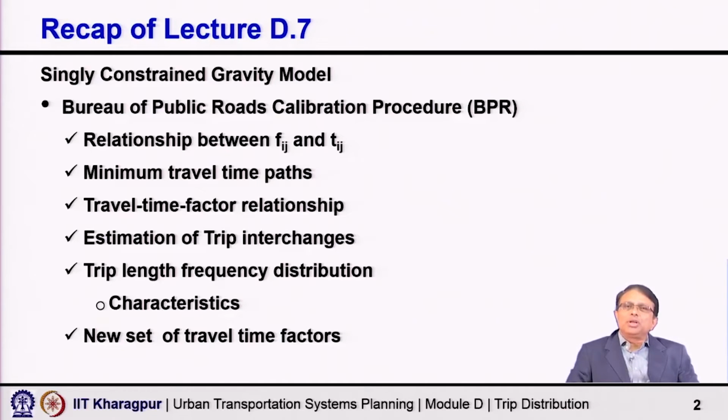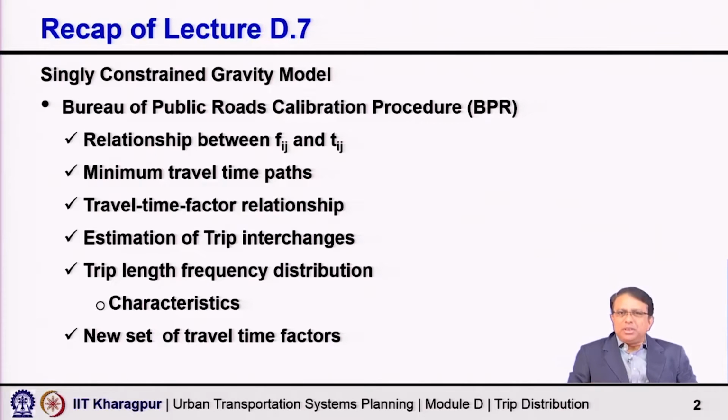Before we calculated the Tij values, the trip interchange values using the gravity model, we assumed some values of Fij with respect to different travel times, and then using those Fij's we calculated the trip distribution, and then we found how many total trips for 5 minutes, how many total trips for 10 minutes, 15 minutes, like that.